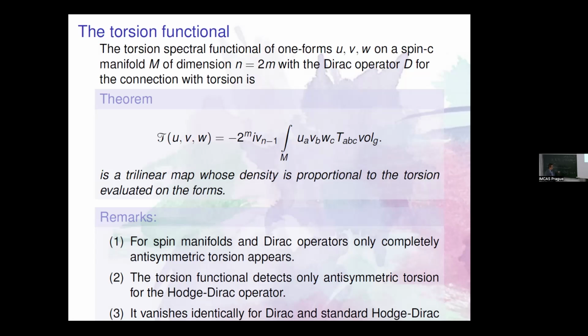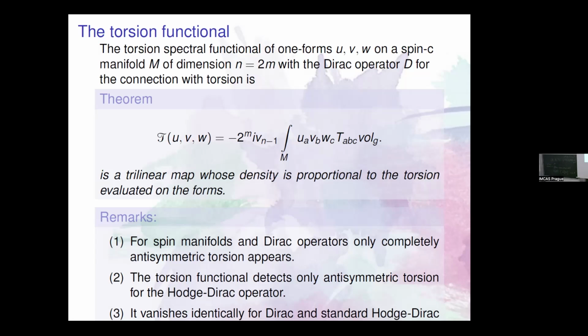Now comes an interesting thing. If you look at it, you might think, come on, how can we say something about torsion? There's no connection here. This is constructed just by giving the metric. No connection somewhere in the background, right?